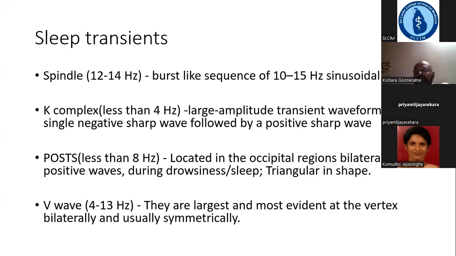There is fairly good symmetry between the right and the left hemisphere, and so on and so forth. We've also spoken about the artifacts that can occur: eye closure artifacts, ECG, and EMG artifacts.